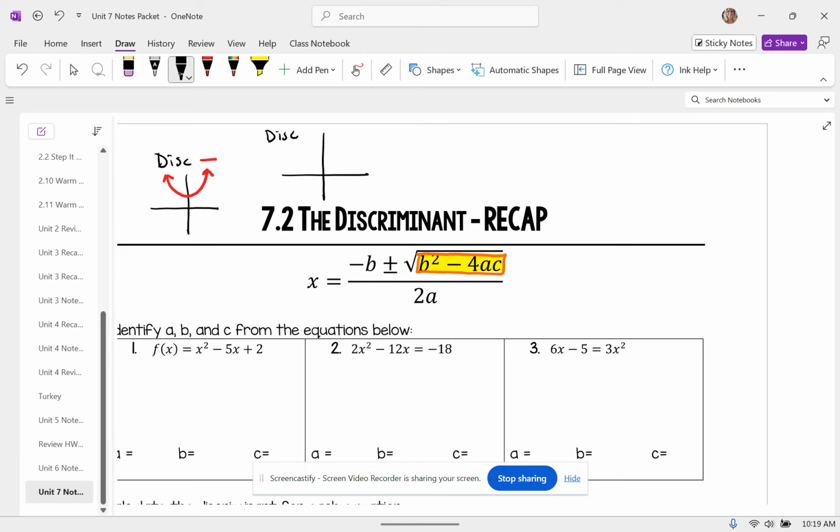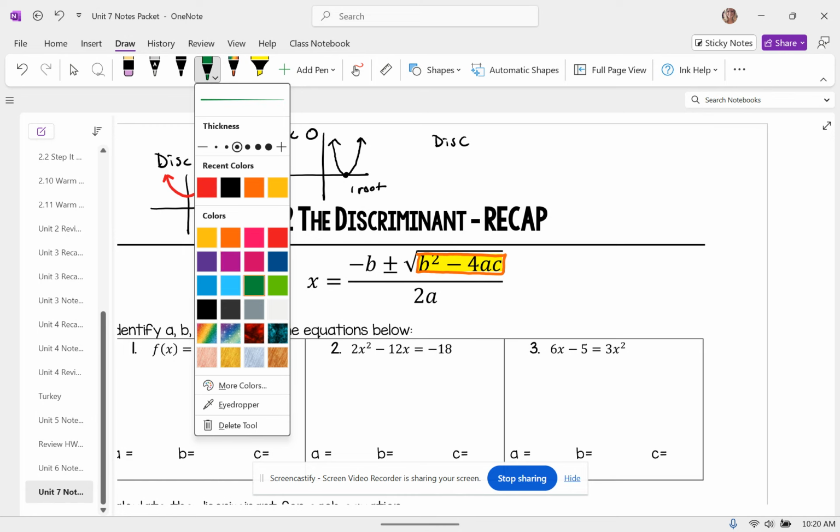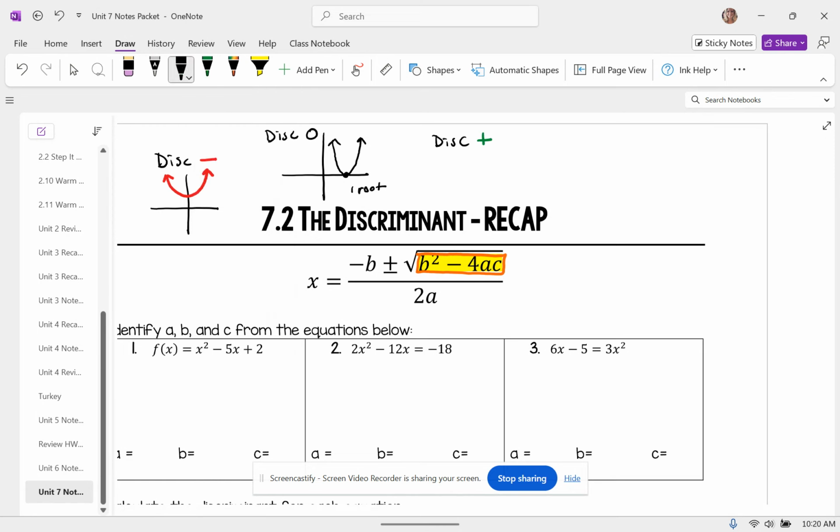If the discriminant is 0, you have a quadratic that hits the x-axis just one time. And if you have a discriminant that's positive, you have a quadratic that hits the x-axis 2 times. Then, depending on whether that's a nice number or not, it tells you what kind of roots you've got.